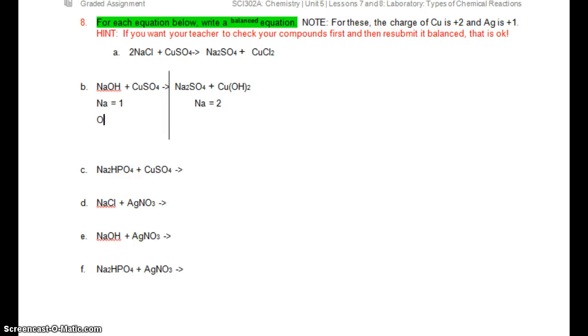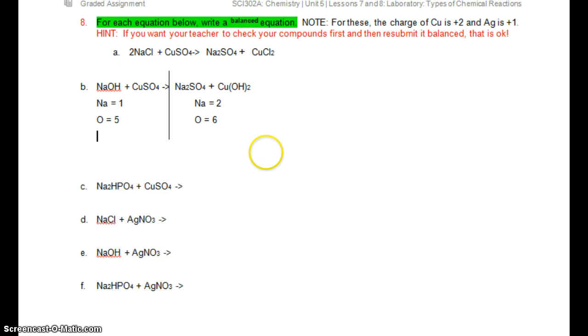On the reactant side, how many oxygens? 1. What about on the product side? Oh. Back up, Mrs. KJ. 1 here plus 4 there is how many? 5. All right. On the product side, I have 4 oxygens here plus 2 oxygens there. So how many oxygens? 6.